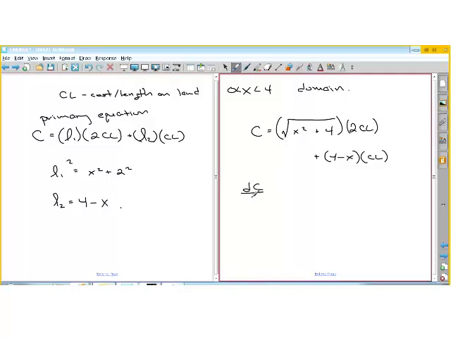Okay, so you take the derivative of that with respect to x. So this, you get 1/2 times x squared plus 4 to the negative 1/2 power, and then you take the derivative of the argument inside because it's a chain rule, and then you multiply by this, which is, these are constants. And the derivative of 4 is 0, and the derivative of x is -1, so we'll get -1 times CL.